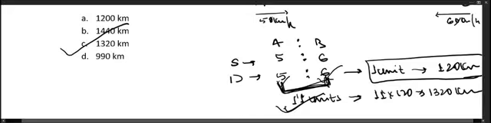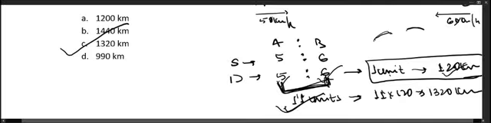We have to find the total distance, that is 5 plus 6, that is 11 units, and we got the value of 1 unit as 120 kilometers, because B has traveled 120 kilometers more.